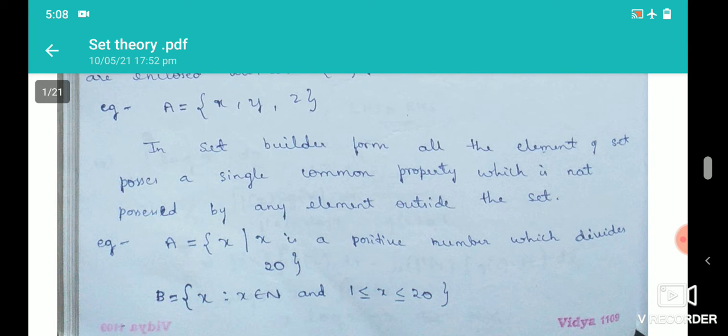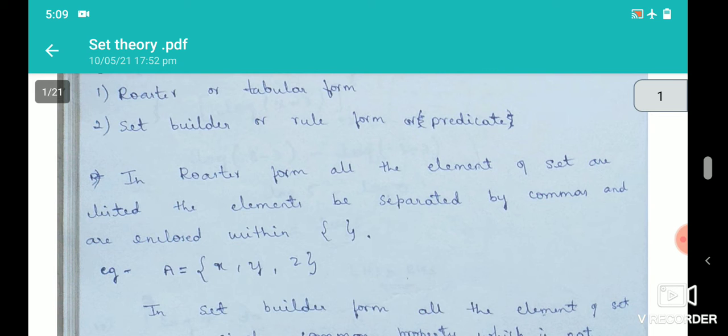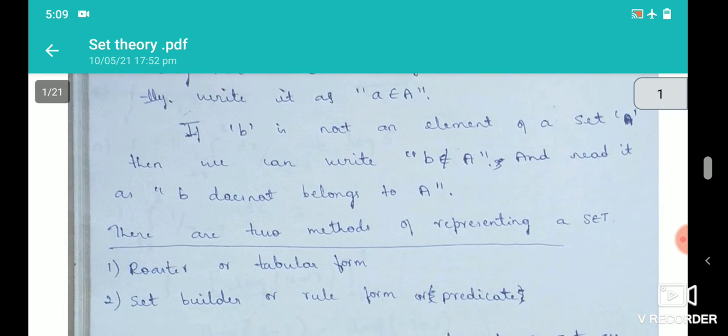If you consider 1, that 1 divides all the numbers, right? 1, 2, that divides 20, then 3, no, 4, 5, then 10, then you can include the 20 also, which divides 20. Okay, so these are the two ways of representing a set, the roster method and the set builder form.